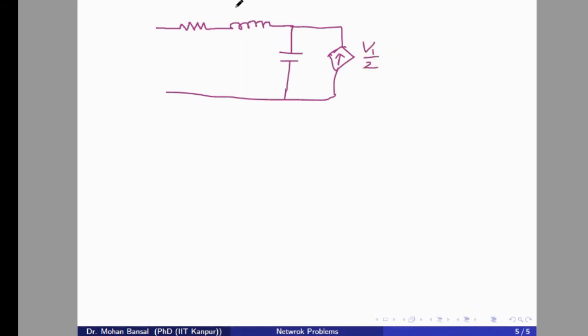The inductor is 1 millihenry, the resistor is 10 ohm, and the capacitor is 50 nanofarad. And what is this V1? V1 is nothing but the voltage across the resistor. This is V1. Now at this terminal we have to compute the ZTH.